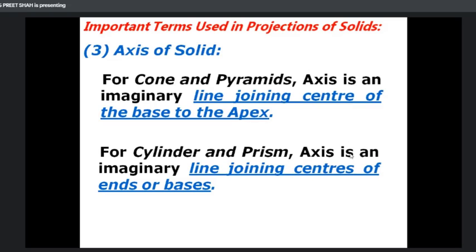Similarly, in a cylinder and prism, there are two bases. In a cylinder, one circle is on top and one is at the bottom, and we join their centers by an imaginary line, which is called the axis of the solid. So in a cone and pyramid, the axis joins the center of the base to the apex, while in a cylinder and prism, the axis is an imaginary line which joins the centers of the two bases.